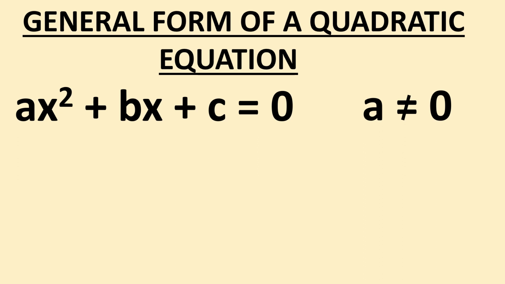So the ax squared term must be there for this to be a quadratic equation. In a quadratic equation, the highest power of the variable, in this case x, is 2. That power is what makes it a quadratic equation.